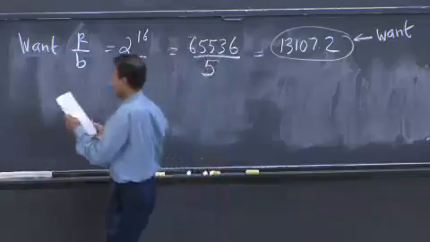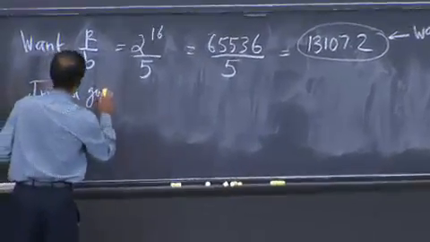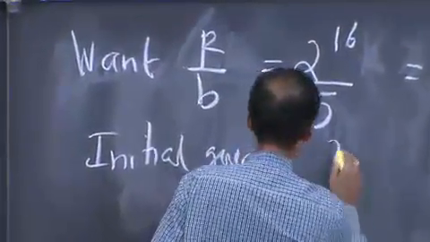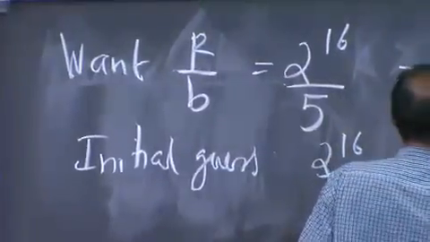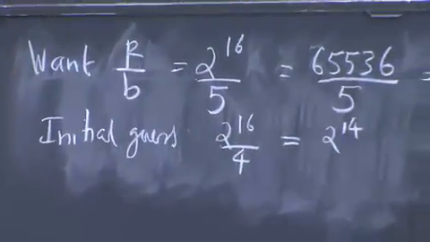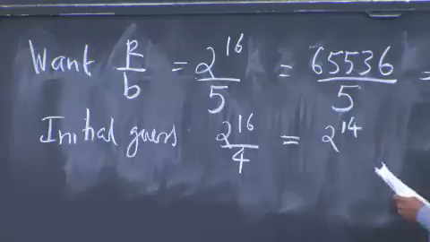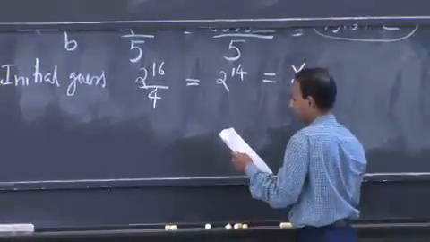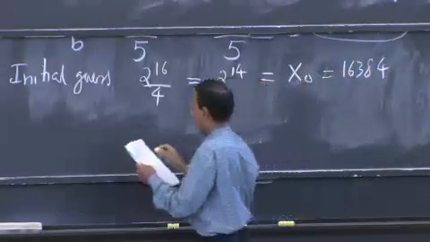And our initial guess, let's say we try 2 raised to 16 divided by 4, because we know how to divide by a power of 2, and so that's 2 raised to 14, and that's our initial guess. So think of that as being x0, and that is 16384.